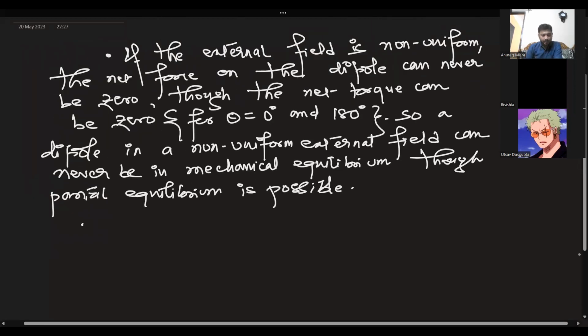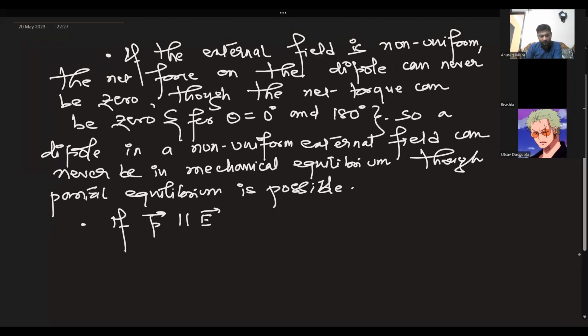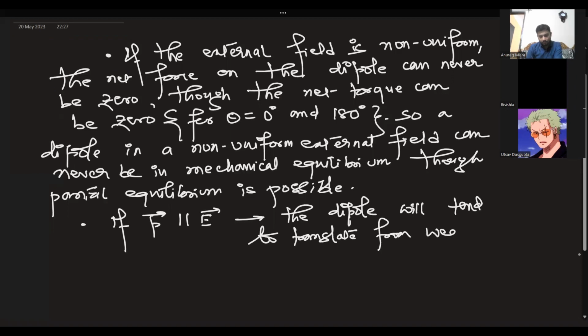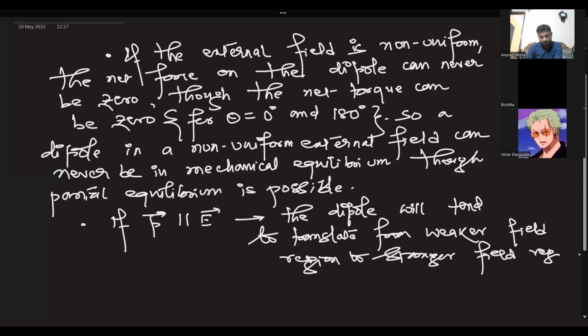Okay. Now, if p is parallel to E, means along the direction of E, then what will happen? The dipole will tend to translate from the weaker field region to the stronger field region.